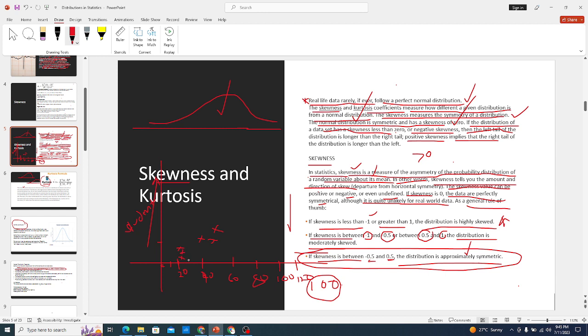Or let's say three students. Let's say we also have some students with 40. Let's say we have five students having a weight of 40, so we will have five students here under that interval.